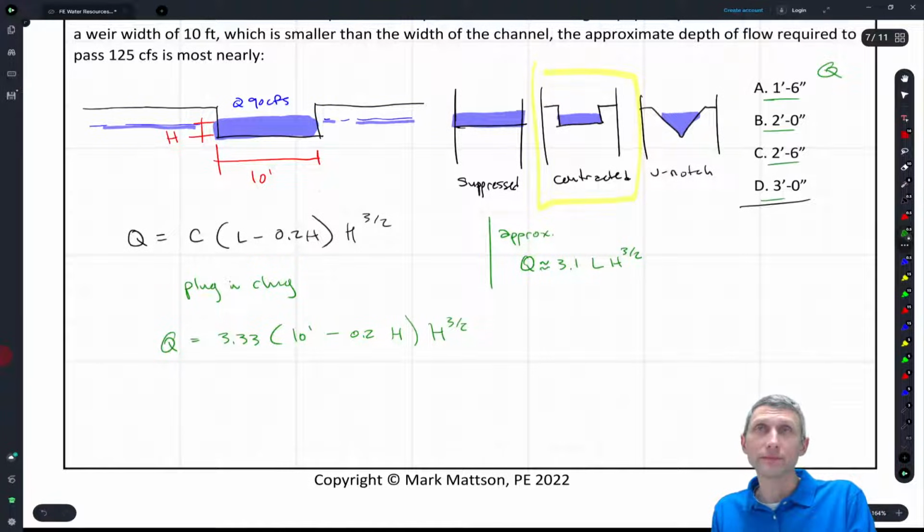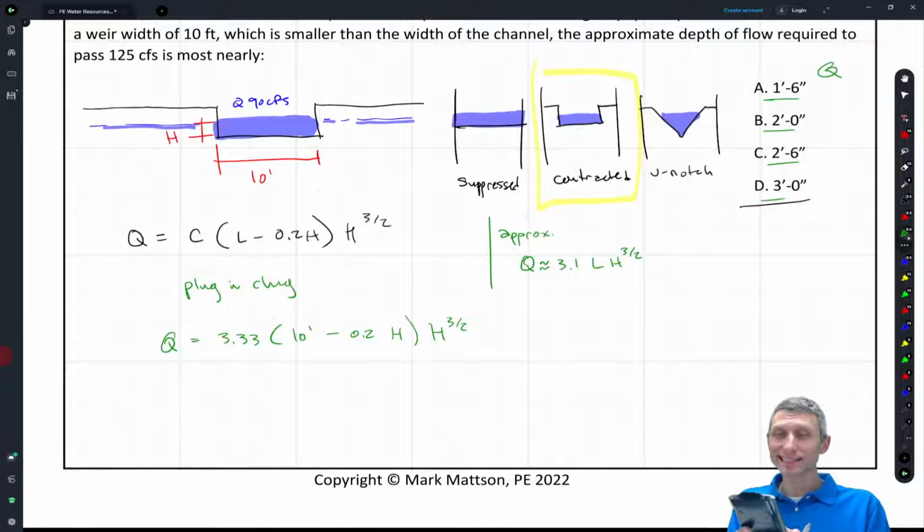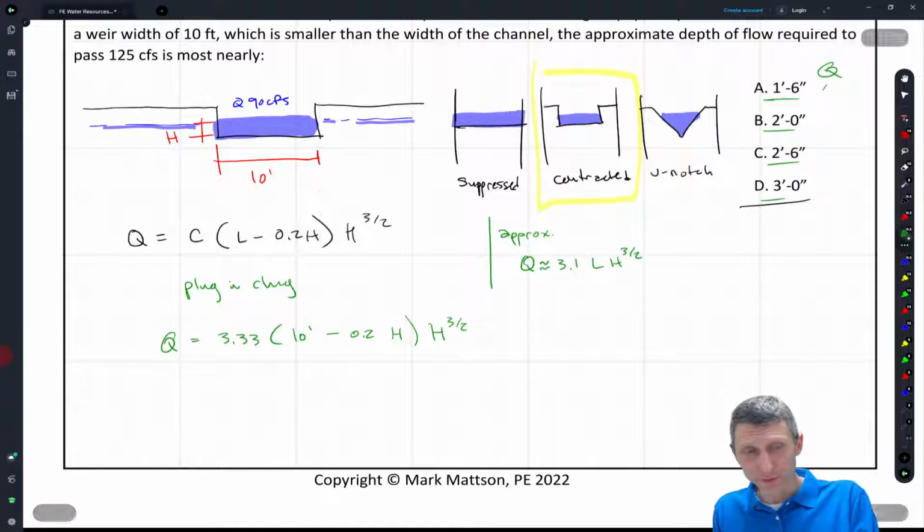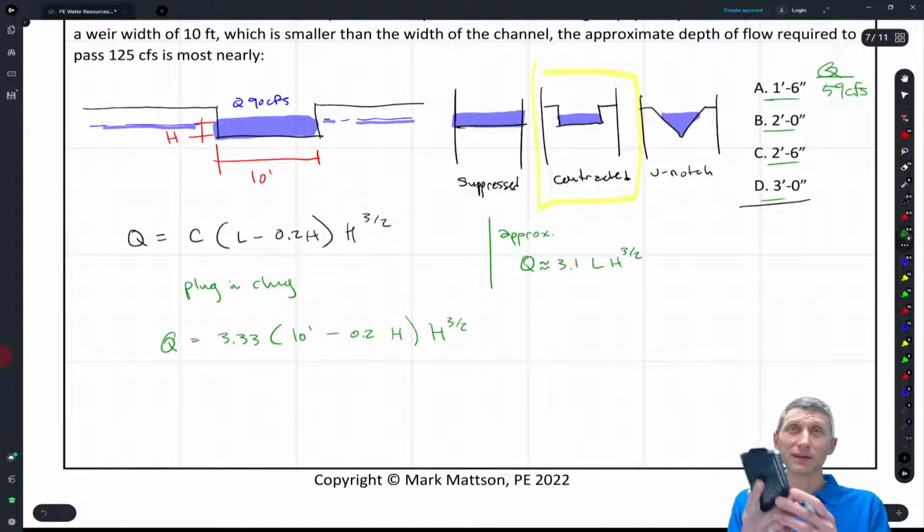That's the easiest way I think to do this, because you have a limited amount of time, and solving for H is just a bear. If I plug in 1.5 feet, 1.5 to the 1.5, I'm going to get about 59 CFS.